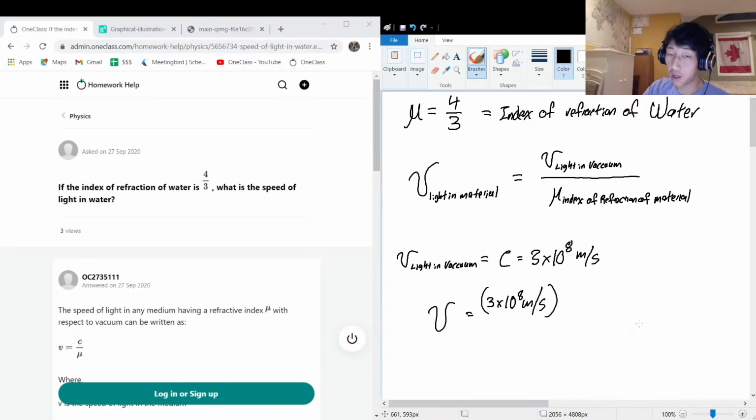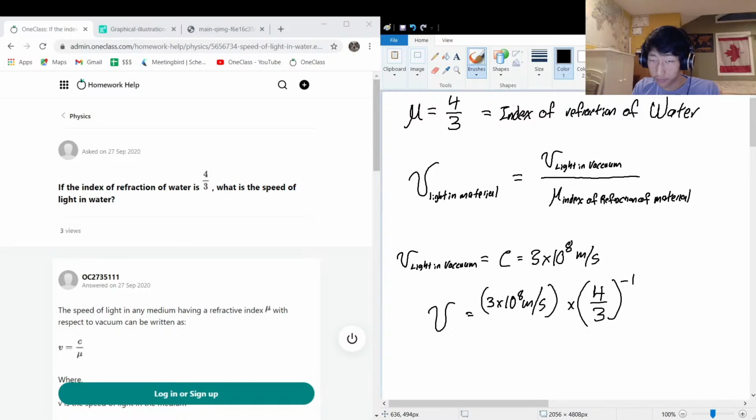Instead of doing divide by mu, we can do multiplied by the inverse. So we can multiply it by 4 over 3 to the power of -1. Just writing it this way could be a little bit easier to put it into your calculator, because some calculators are unfriendly to dividing by divisions.